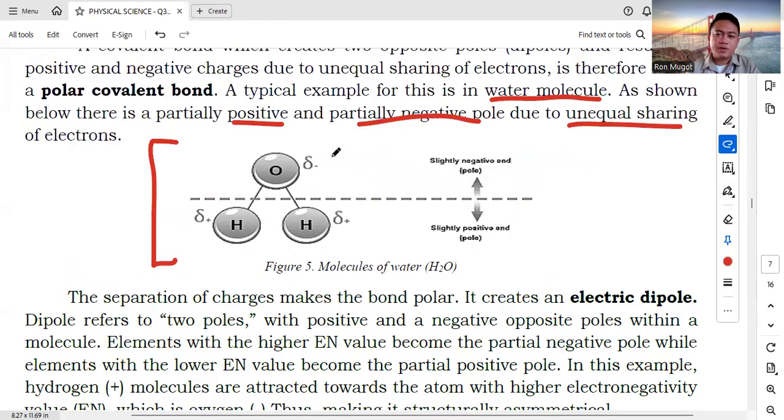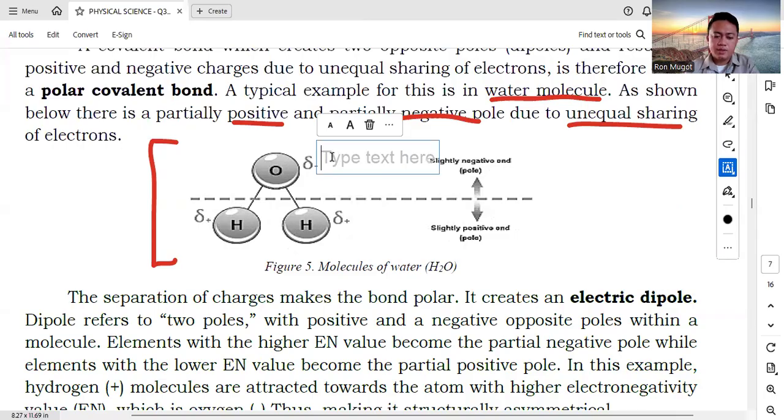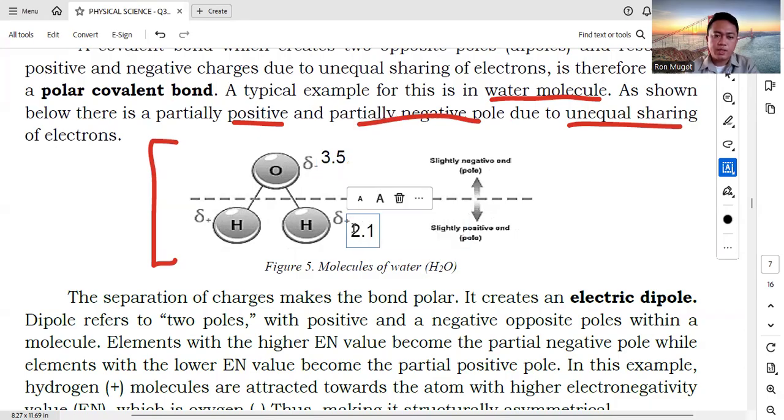Let's write the EN values here. It's 3.5 for oxygen, and your hydrogen has 2.1, and over here it's also 2.1.